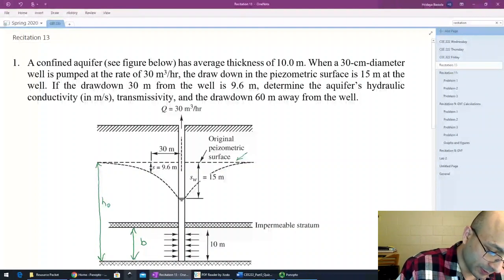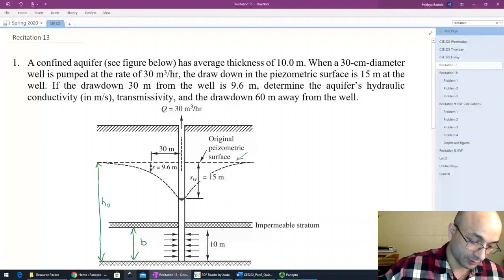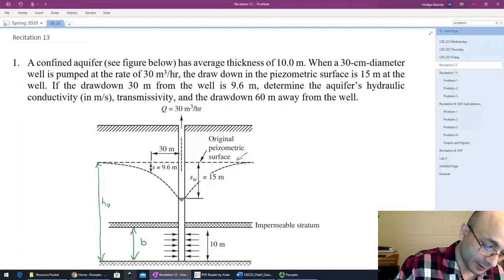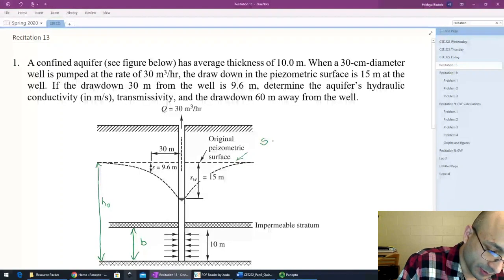The drawdown is the depth to the water, the piezometric surface, from the original piezometric surface. And one relationship we need to keep in mind is the drawdown plus height from the datum always equals H0.